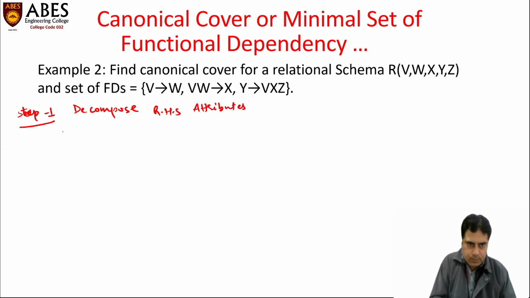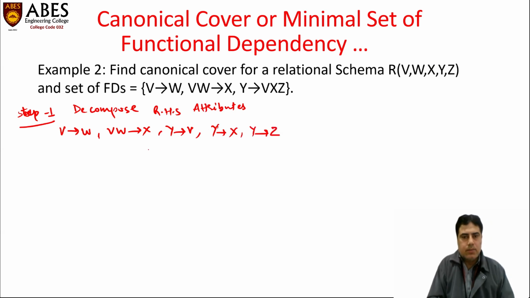So the key functional dependencies are V determine W, VW determine X, Y determine V, Y determine X, and Y determine Z. Now step 2.